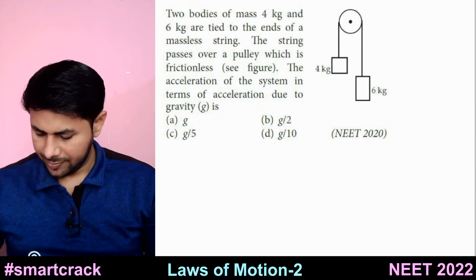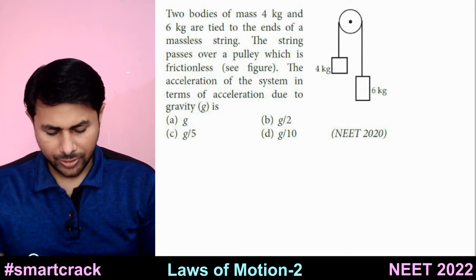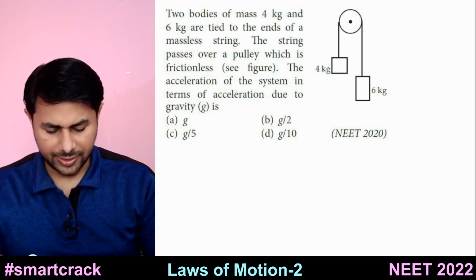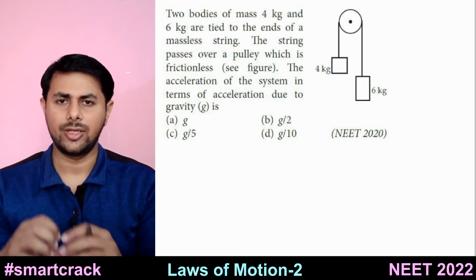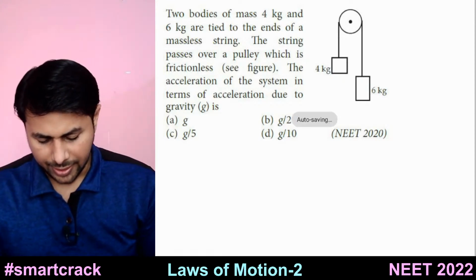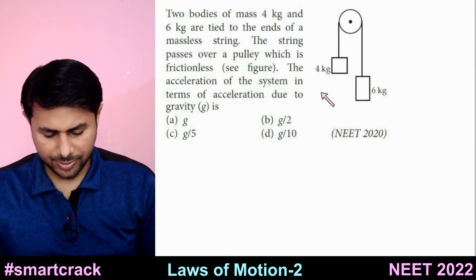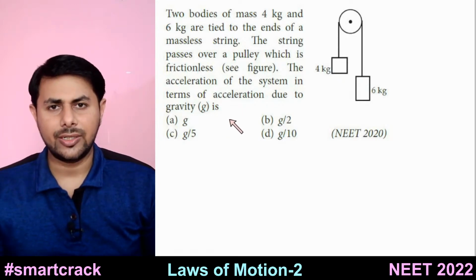This was easy. So two bodies of mass 4 kg and 6 kg are tied to the ends of a massless string. The string passes over a pulley which is frictionless. The question is the acceleration of the system in terms of acceleration due to gravity g.